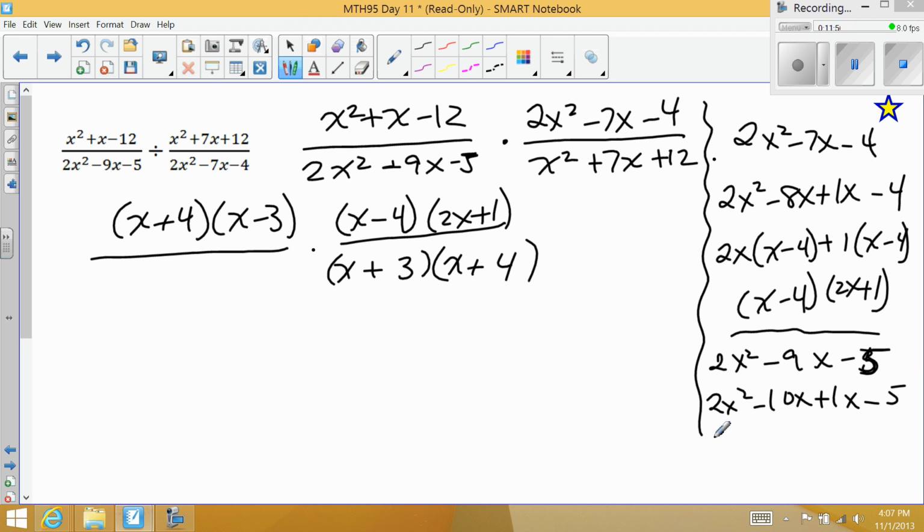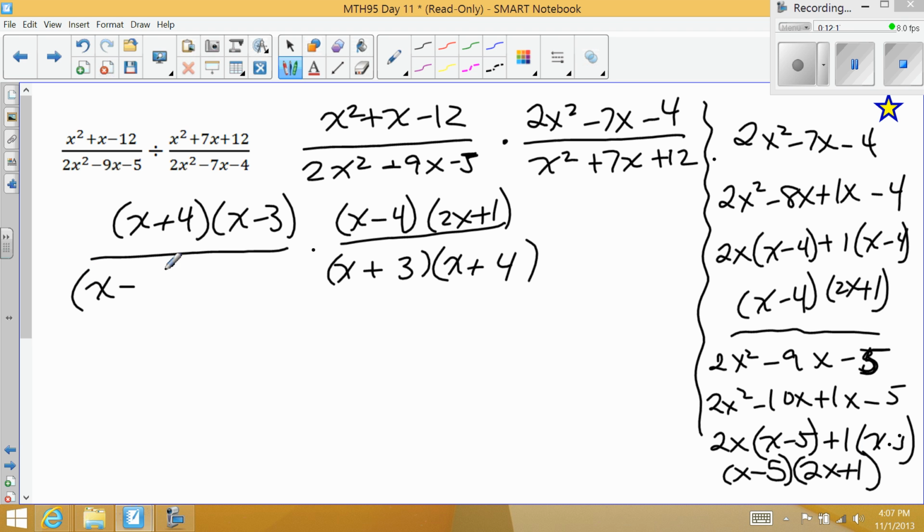So again, I can factor 2x out of the first pair, that leaves x subtract 5, plus 1 out of the second pair is also an x subtract 5, and that leaves me with x subtract 5. I need to be more careful how I write my 5s, don't I? And 2x plus 1. So x subtract 5, 2x plus 1.